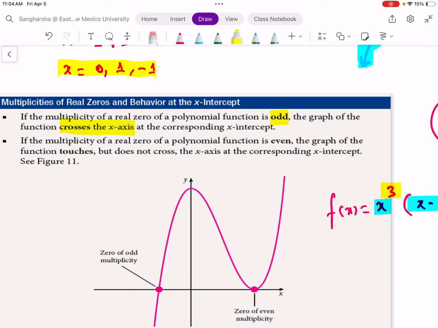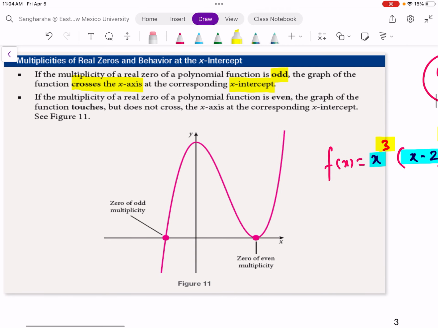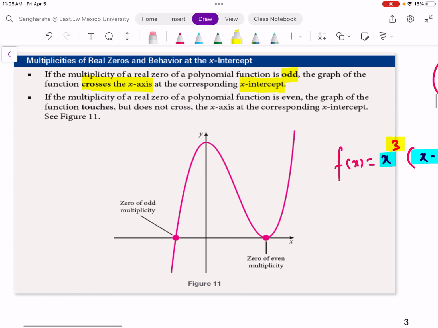So we write down our polynomial function in factored form, find the exponent of each factor, meaning how many times the factor is repeated, and that number is the multiplicity. If the multiplicity is odd, then the graph crosses the x-axis every time.